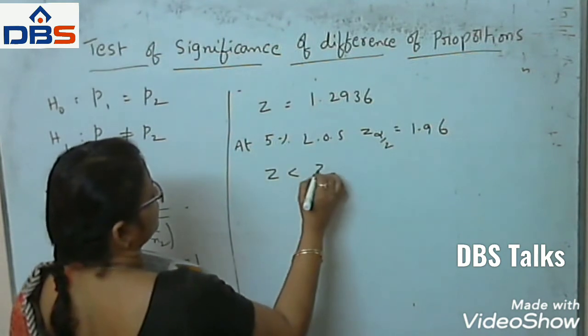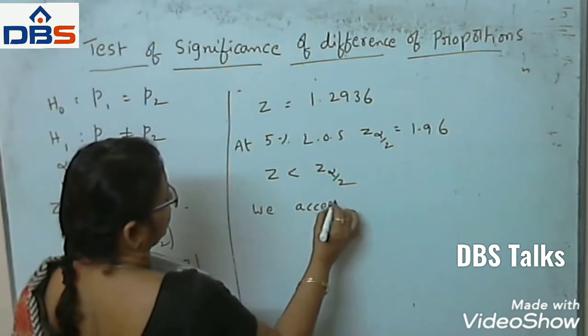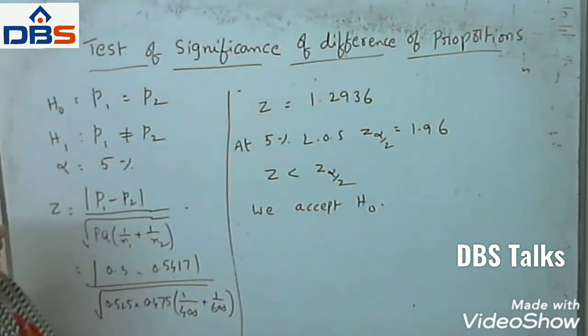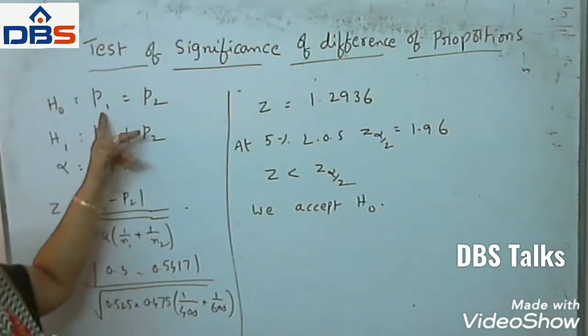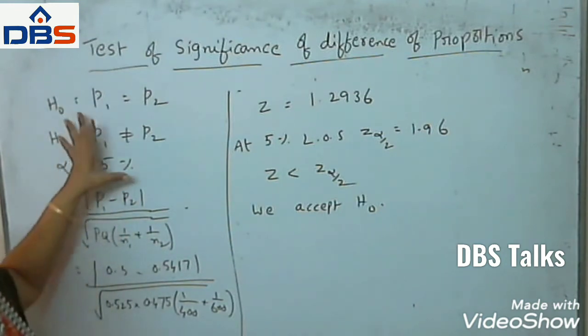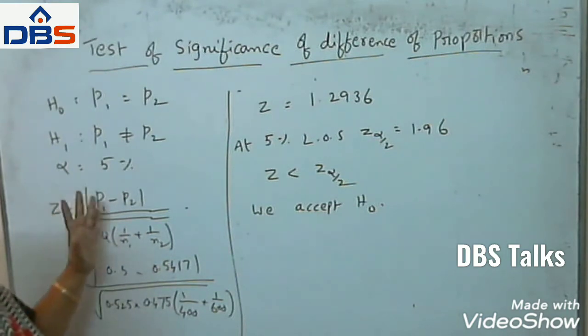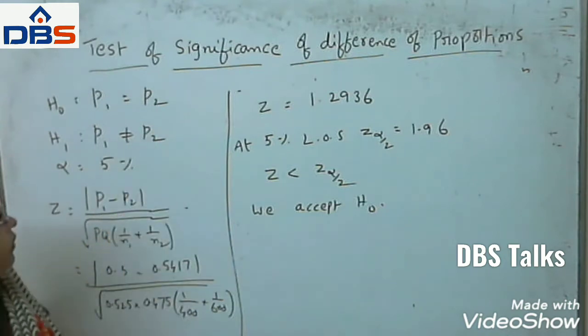So Z is 1.29 and Z alpha by 2 is 1.96, so Z is less than Z alpha by 2. That means we accept H0, so we accept that P1 equals P2. The two proportions are equal in that locality, so the proportions of men and women in favor of the proposal are equal.